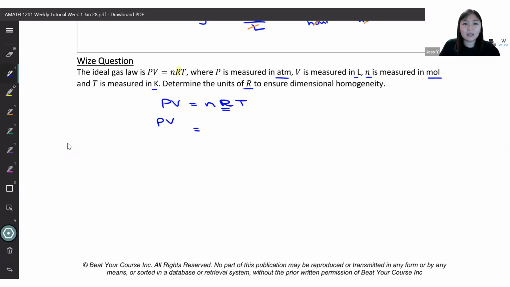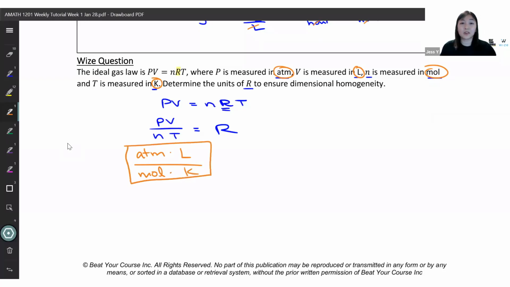So I get PV divided by nT equals R. And now we can fill in the units. Well, P is ATM. V, that's in liters. n, that's in moles. And T, that's in Kelvin. So we just figured out the units for R. This is it. This is the units for R, okay?